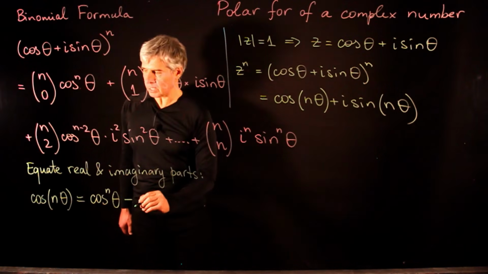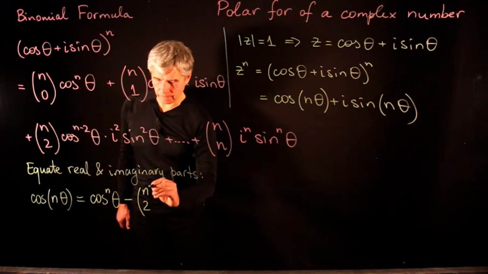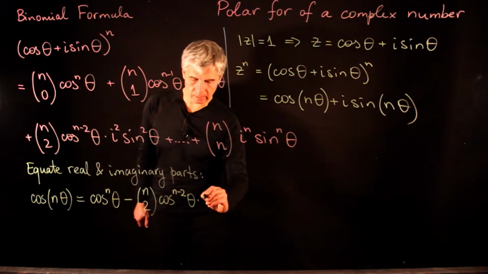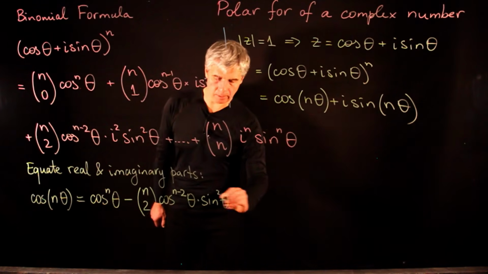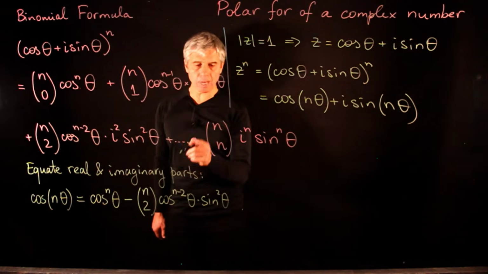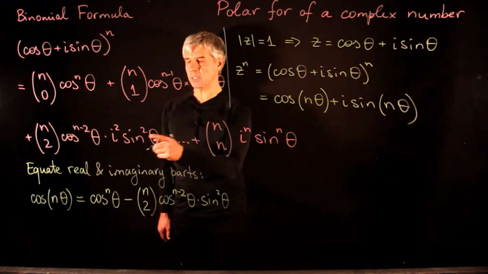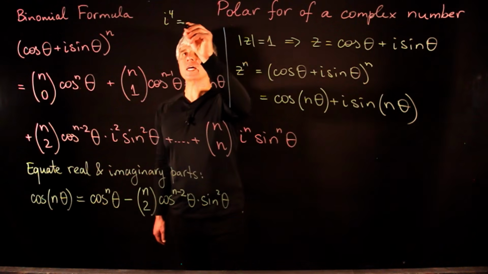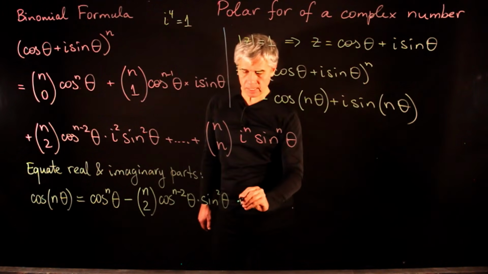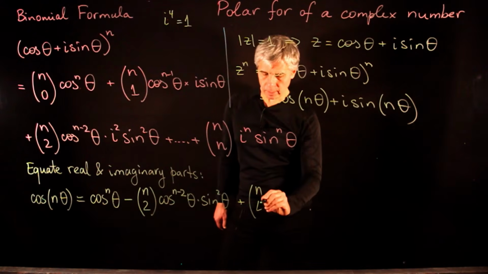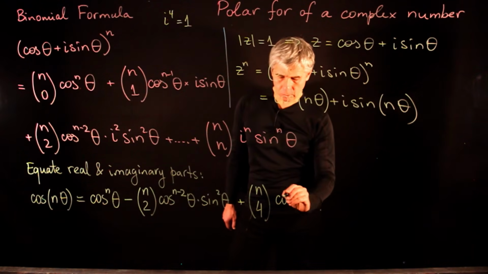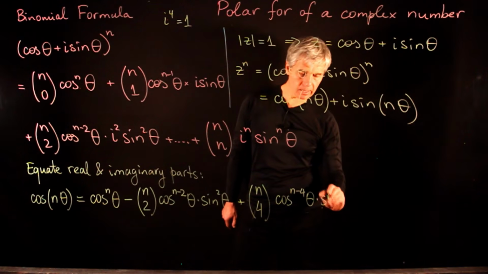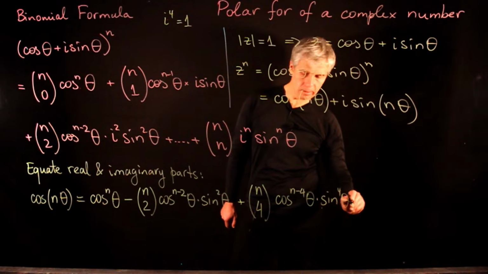So we'll get a negative sign, n choose 2, cos to the n minus 2 theta times sine squared theta. And the next term will be with i to the power 4. And i squared is minus 1, so i to the power 4 is equal to plus 1. So we'll get plus n choose 4, and we have cos to the n minus 4 theta times sine to the power 4 theta, and so on.